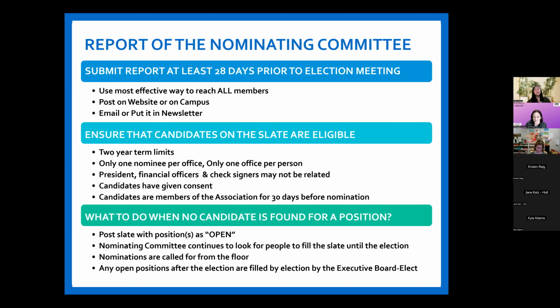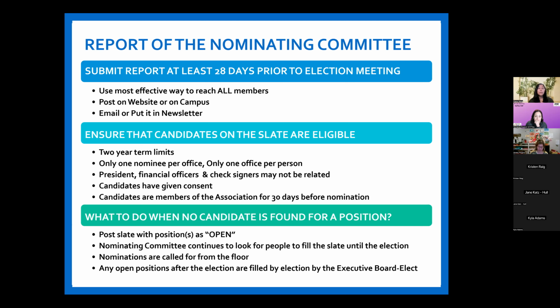Okay, so this is what's going to be due very, very soon for most of you. Your nominating committee report needs to be submitted to your members at least 28 days prior to the election meeting. And you want to do this in the most effective way to reach all the members.